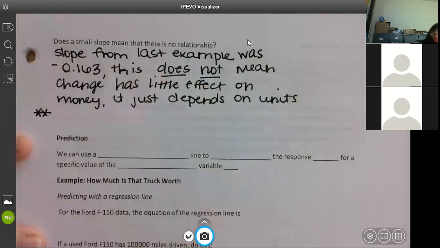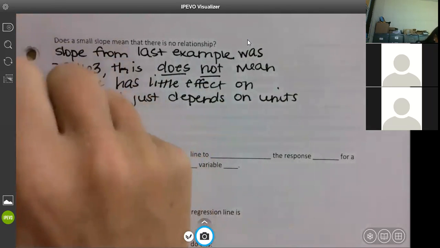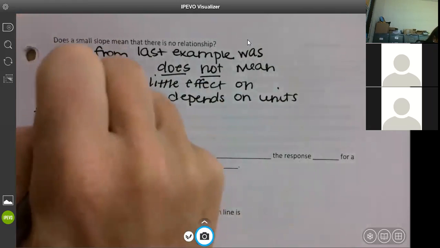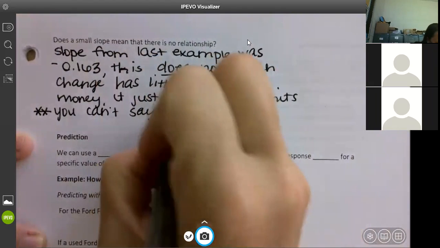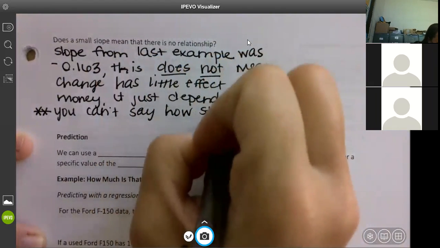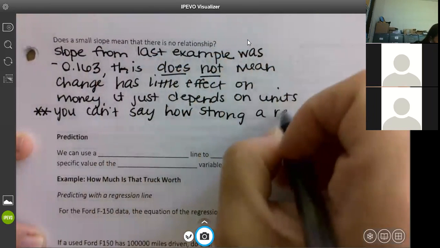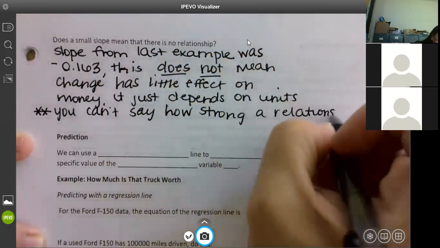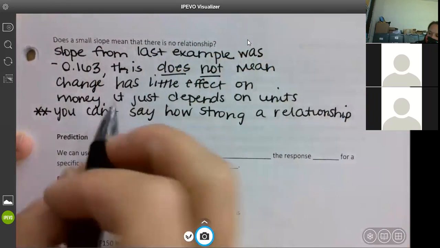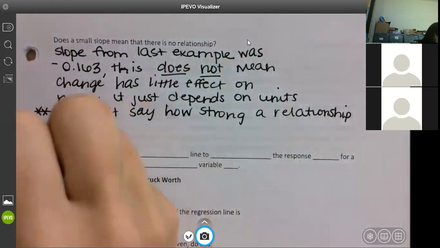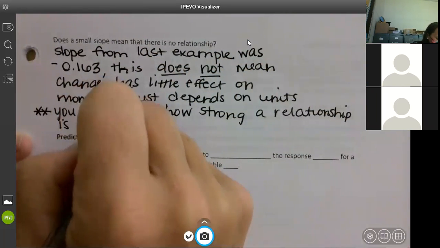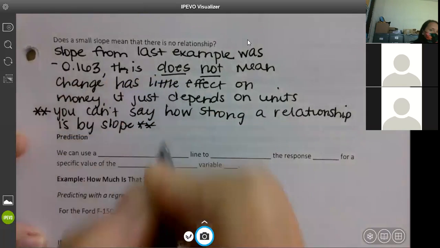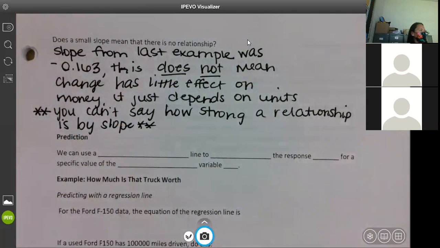You can't say how strong a relationship is by the slope. Okay, so just because that slope's really little doesn't mean that there's not a strong relationship.